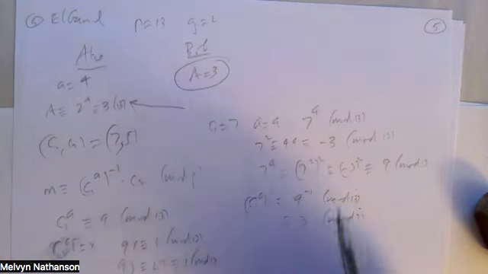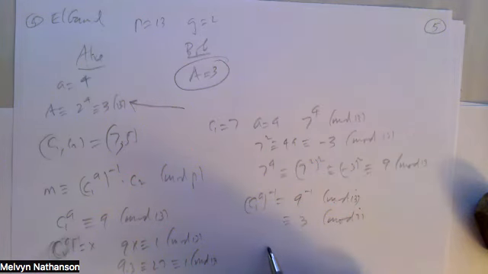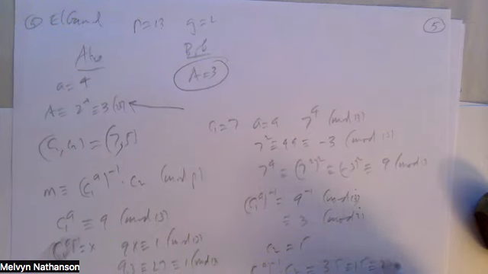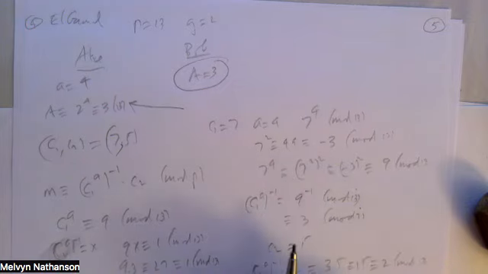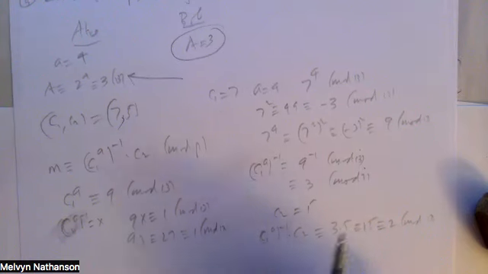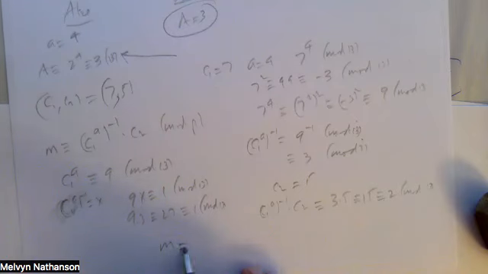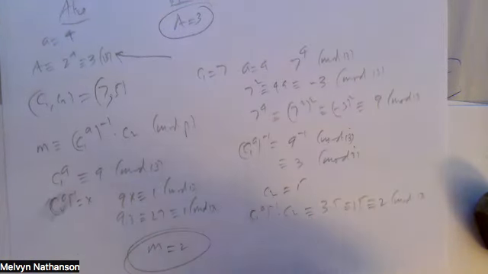And C2 is equal to 5. So C1 to the A inverse times C2 is 3 times 5, that's 15, that's congruent to 2 mod 13. So the number m that Alice obtains equals 2. And that's the answer.